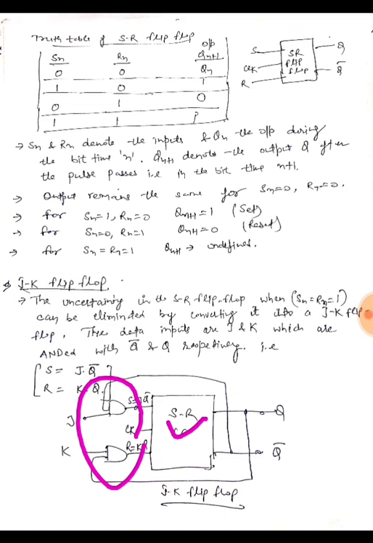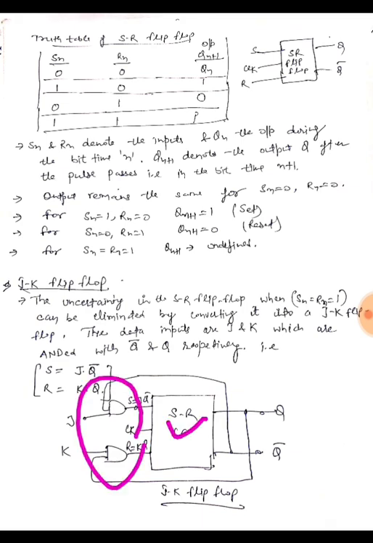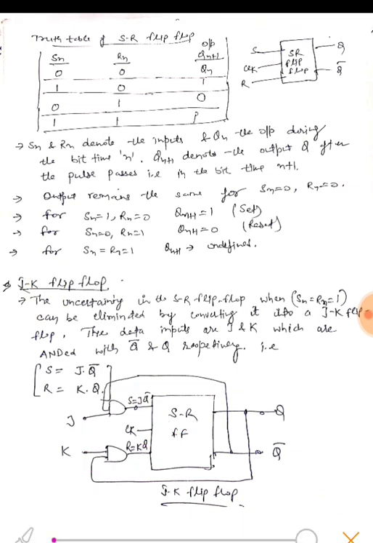Now we will provide the inputs J using these AND gates, as we can see over there. This is the S, this is the R. So S is coming from an AND gate, which is nothing but the product of J, that is the J input, and the Q bar output.